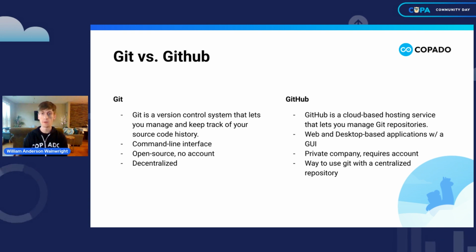A lot of people don't know this, but when Git was first created, it was designed to be decentralized, meaning there is no central repository. And then pretty quickly, people realized that it's actually a lot easier to use if you have a central repository. And so GitHub was created. So that's just the distinction between the two. GitHub is a way of interacting with Git remotely, long story short.